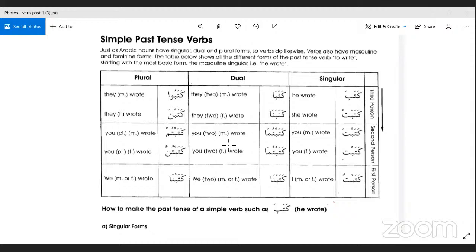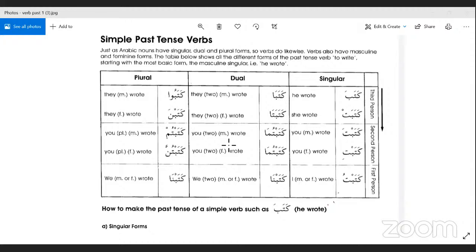Sorry, kaburat, kaburata, kaburna. Do it again from kaburat. Okay, kaburat, kaburata, kaburna. Oh, sorry.